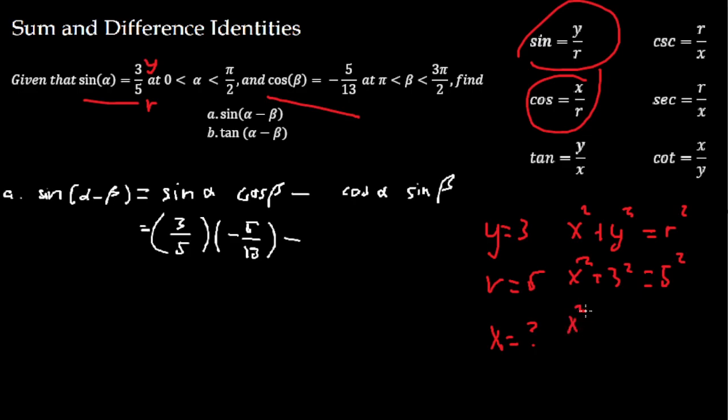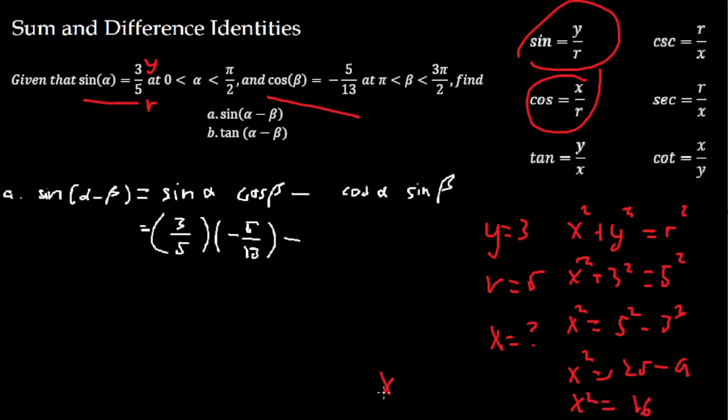So x squared will be equal to 5 squared minus, since we transpose the 3 to the other side, the sign changes, 3 squared. Now, x squared is equal to 25 minus 9, and 25 minus 9 is equal to 16. X squared is equal to 16.